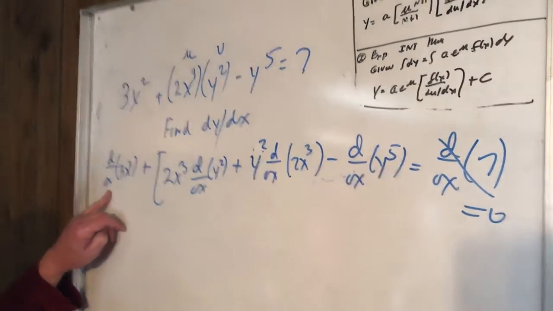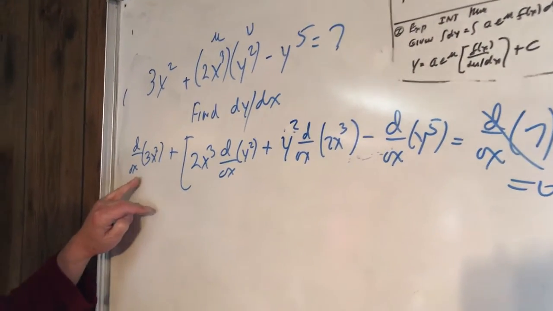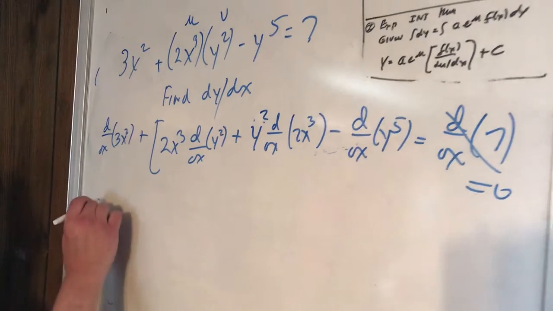Now here's an x and an x. I'm allowed to do that. I'm taking the derivative with respect to x of something with x in there. It's going to be 6x.